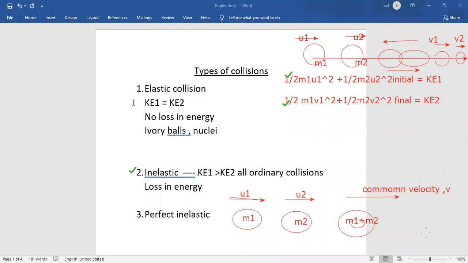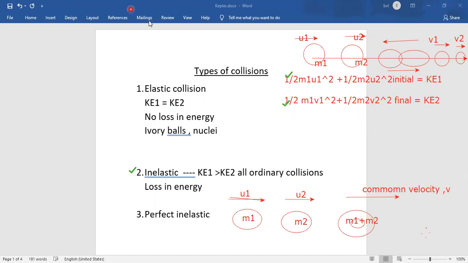So I repeat once again, let us have a revision. Elastic collision: during this elastic collision, the kinetic energy before the collision is half m1 u1 square plus half m2 u2 square. This is the initial kinetic energy of the two masses before the collision, and we represent it with KE1, equal to KE2, half m1 v1 square plus half m2 v2 square.